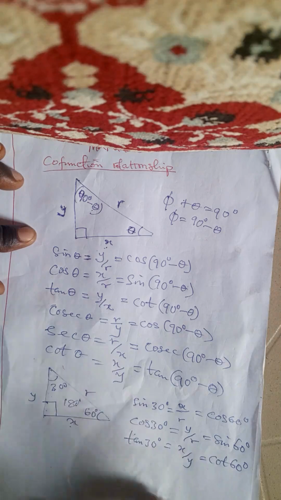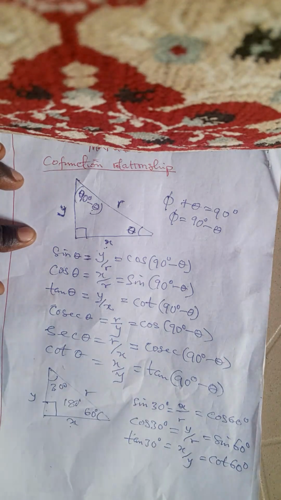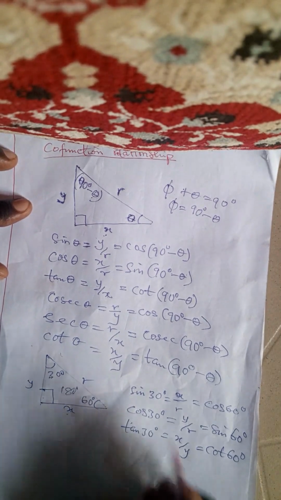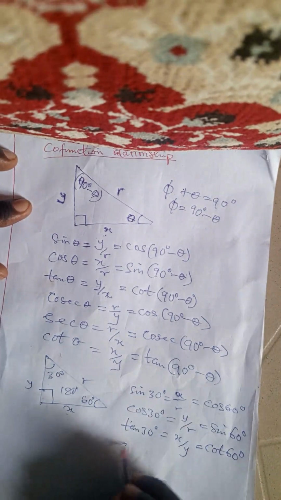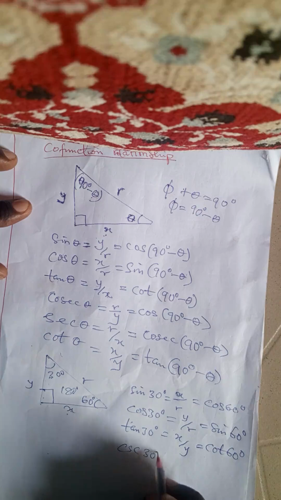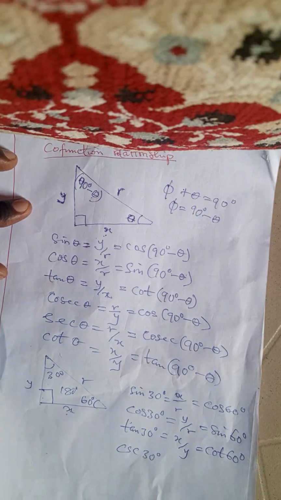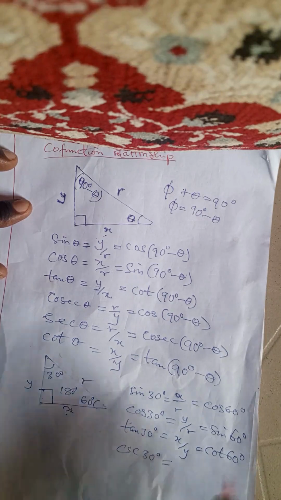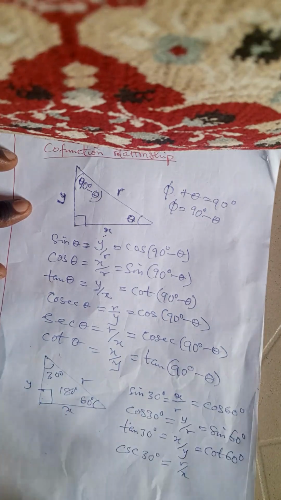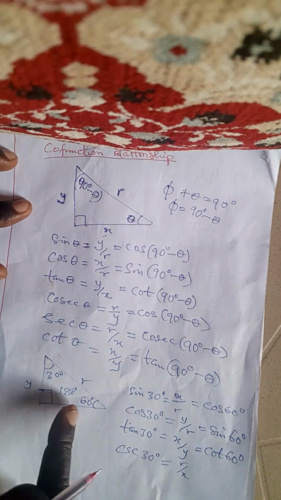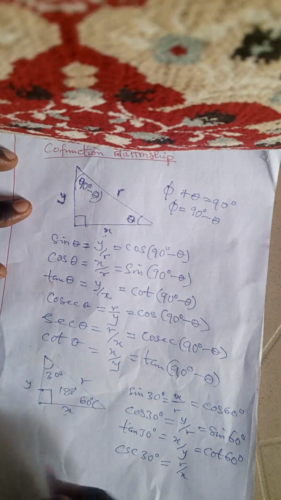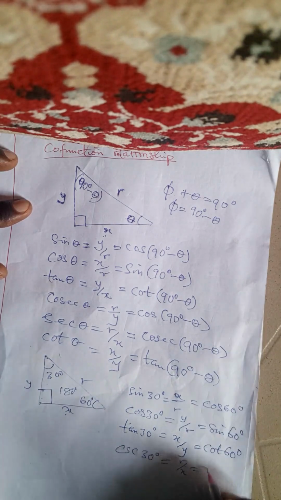Other trigonometrical ratios will follow suit. For example, we talk about cosec 30 degrees. So cosec 30 degrees is equal to r over x, but r over x in terms of 60 degrees is hypotenuse over adjacent, which is equal to sec 60 degrees.